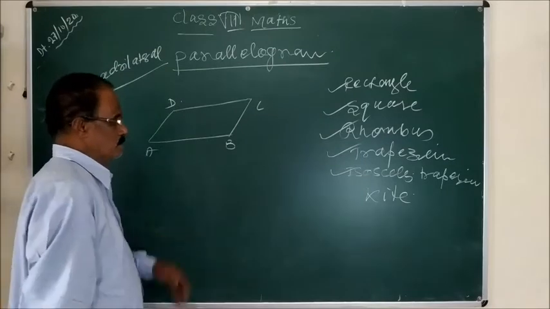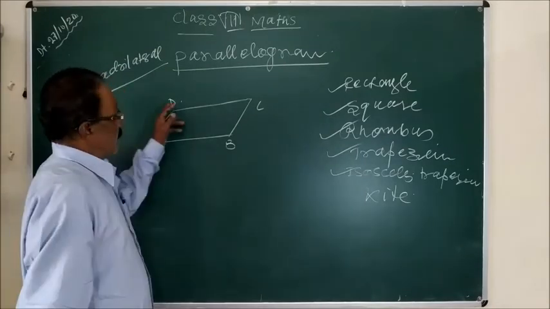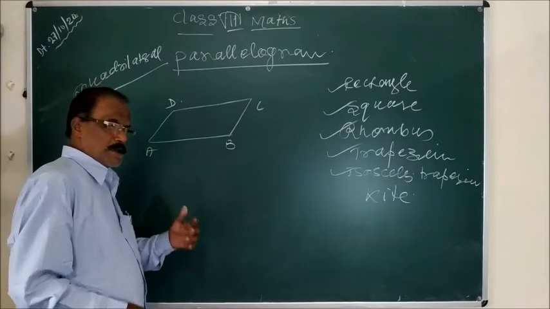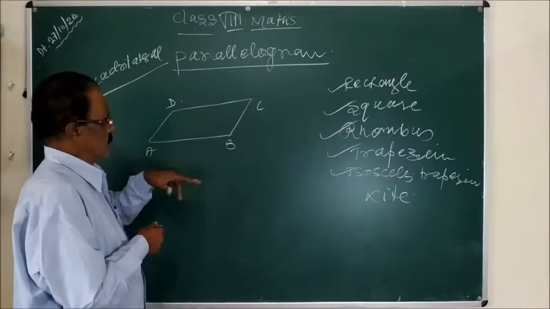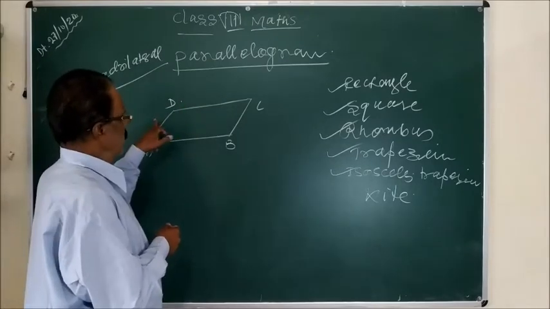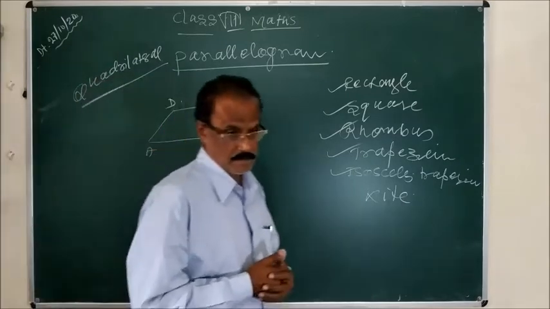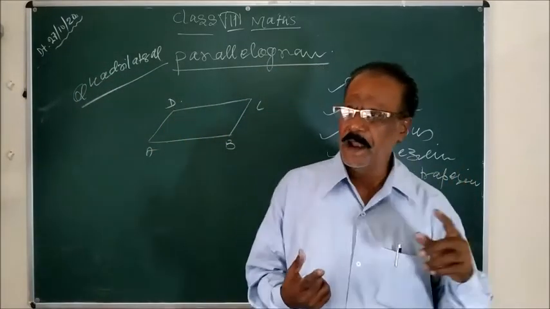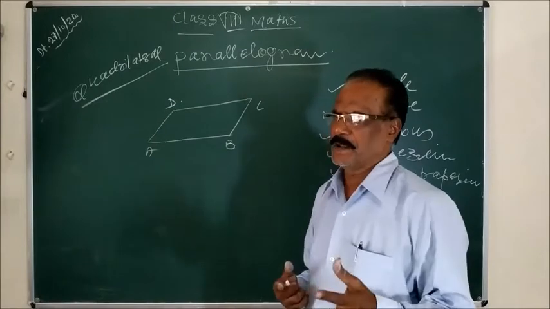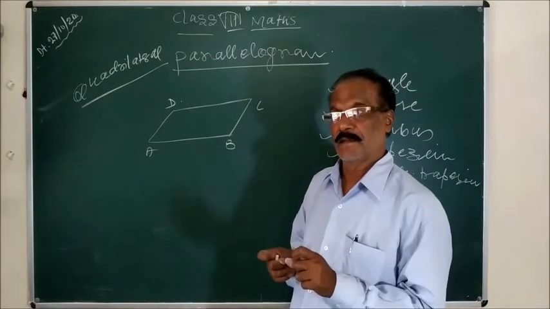I explained, a parallelogram is that quadrilateral in which both opposite pairs of sides are parallel, and if they are parallel, they are automatically equal.